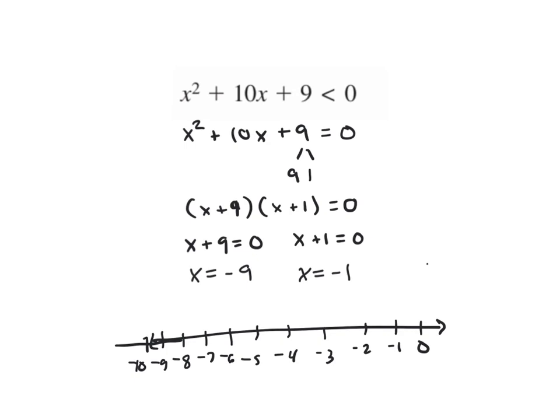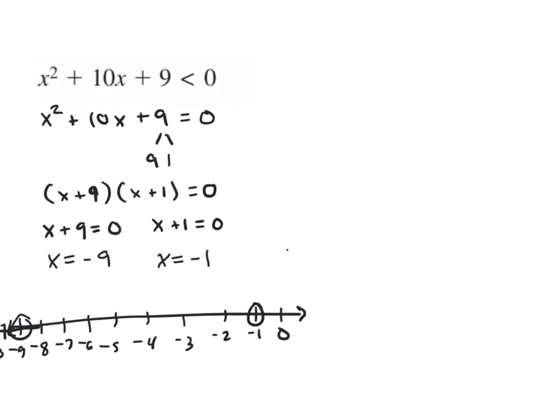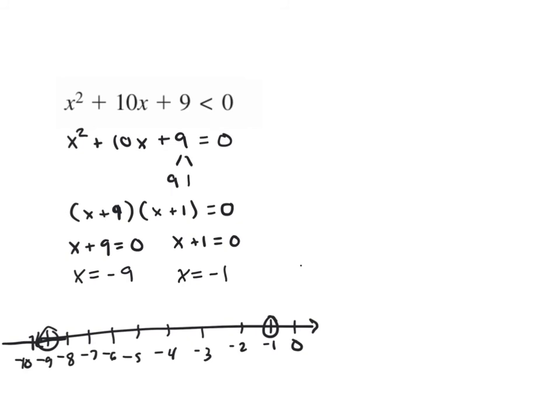So now we need to test a number outside to the left of negative 9 and a number in the middle and a number to the right of negative 1. So what should we test first? Negative 10.